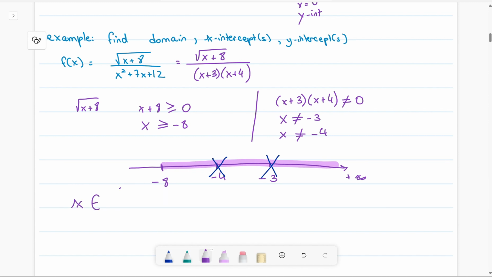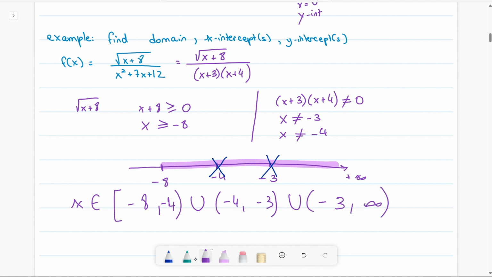The way to write this is x belongs to negative 8 till negative 4, union negative 4 till negative 3, union negative 3 till infinity, and as you might have noticed, I used open brackets next to negative 3 and negative 4 because I do not want them to be included in my domain.